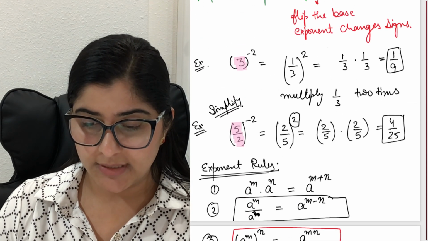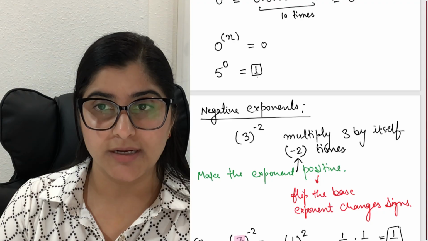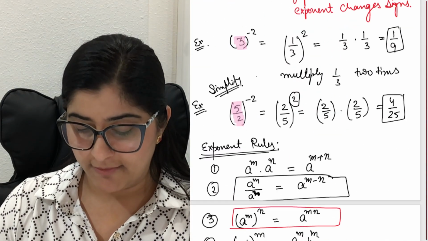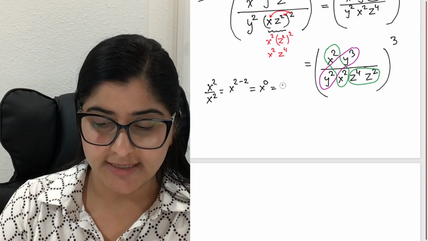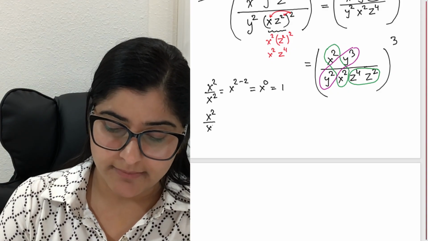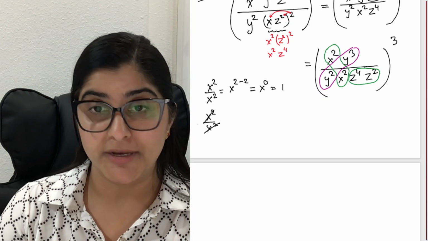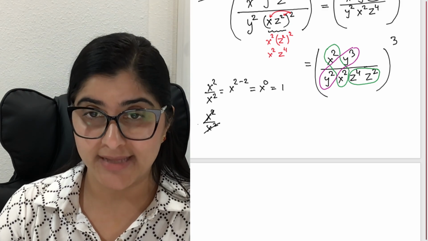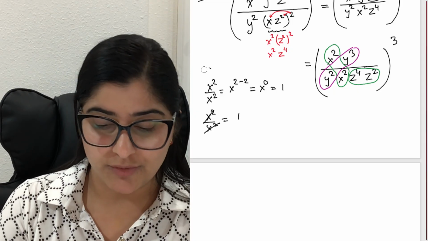And then we also learned if something has power 0, that is equal to 1. Whatever the base is, non-zero base, x to the power 0 is equal to 1. In other words, we can simply cancel the same number from the numerator and denominator. x squared and x squared are the same thing, and we are just left with 1. Both ways are correct.